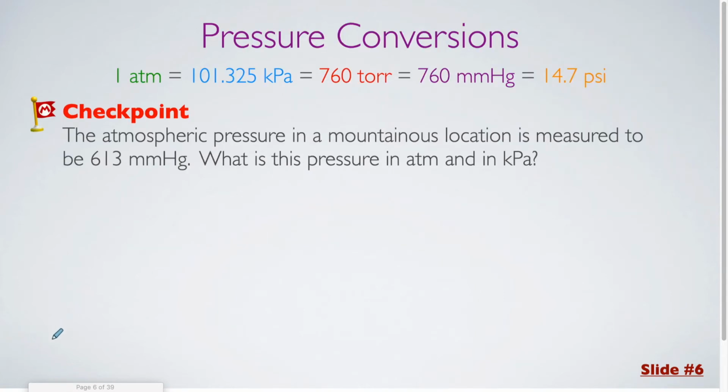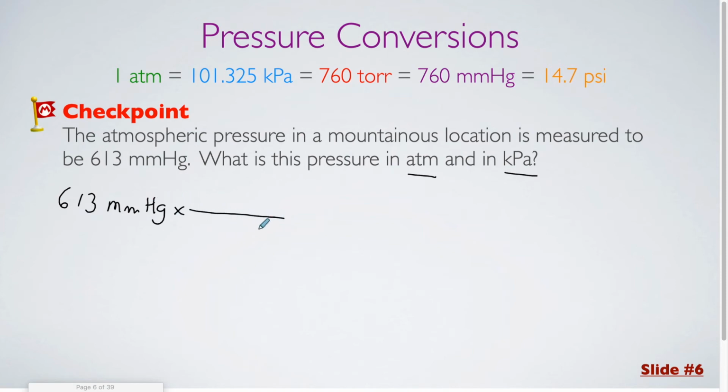So to demonstrate that, we are going to be going through a couple of pressure conversions. The atmospheric pressure in a mountainous location is measured to be 613 millimeters of mercury. What is the pressure in ATM? And what is the pressure in kPa? So we're going to write down what we're starting with, which is 613 millimeters of mercury.